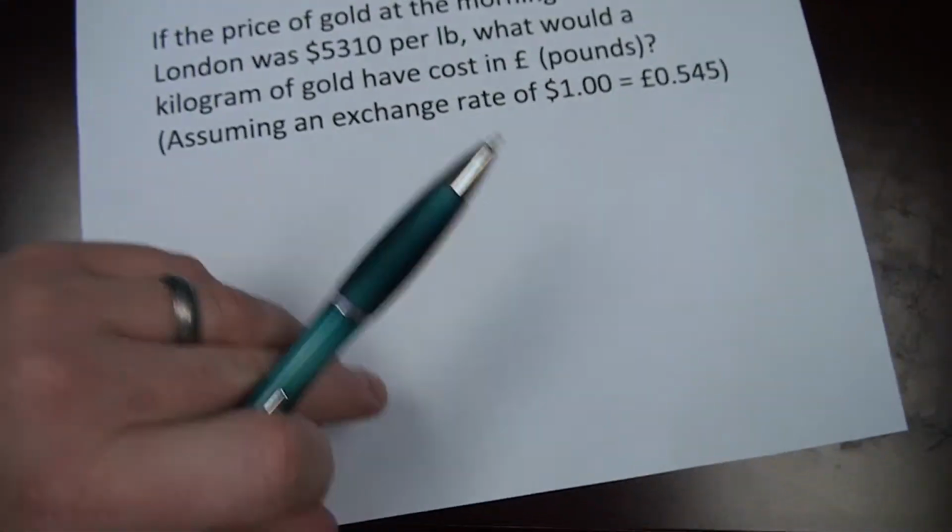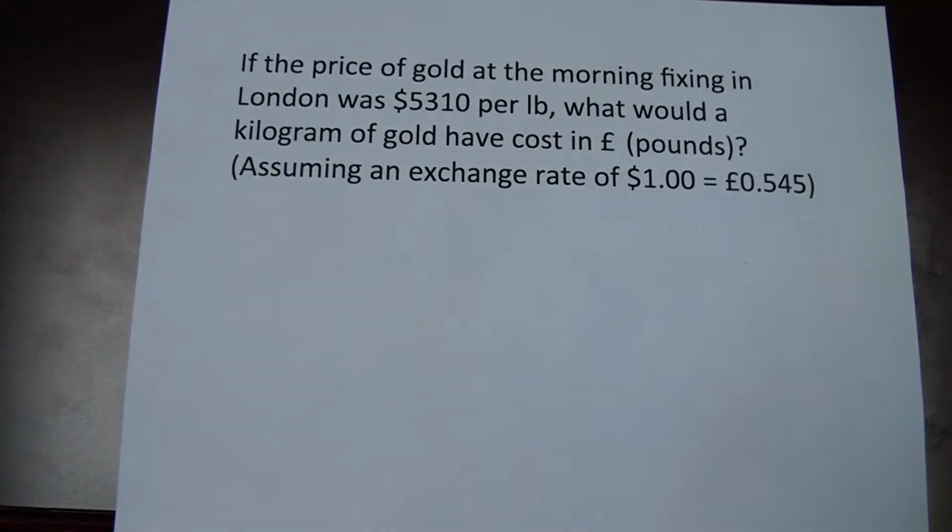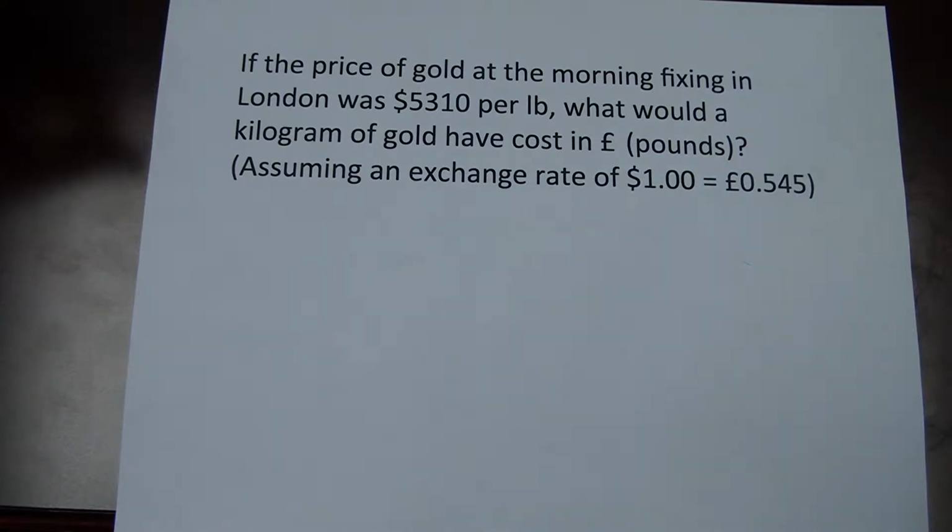Let's look at a couple of examples where we're using dimensional analysis. So if the price of gold at the morning fixing in London was $5,310 per pound, what would a kilogram of gold cost in British pounds?